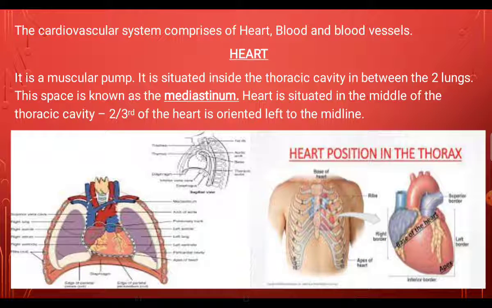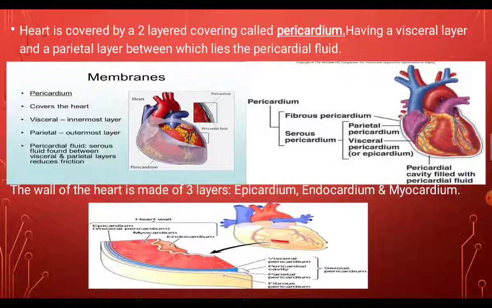Now what are the contents of the heart and the covering of the heart? Let's talk about that. The heart is covered by a two-layered covering called the pericardium. This pericardium is divided into two: the visceral layer that is close to the heart, and the parietal layer that is away from the heart muscle.